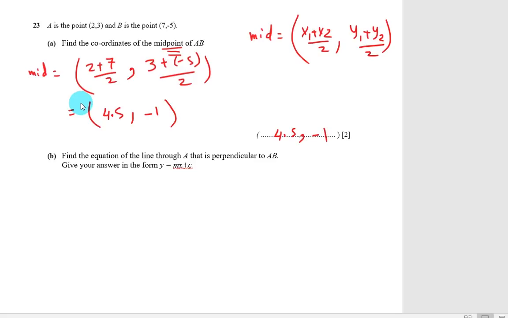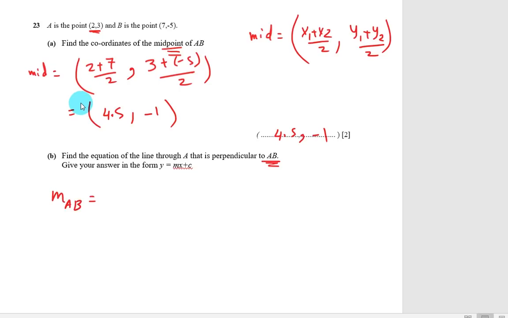Find the equation of the line through A. So we need the line that goes through point A and is perpendicular to AB, in the form y equals mx plus c.